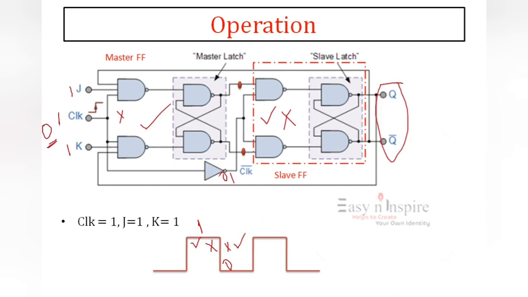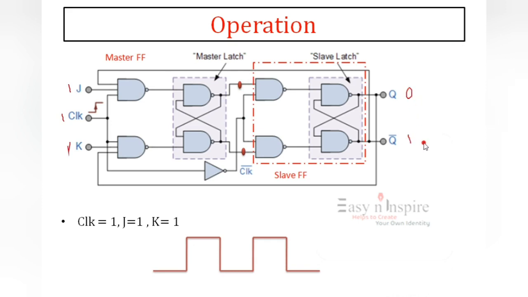I'll explain here, just listen. J equal to 1, K equal to 1, clock equal to 1. We don't know the previous values, so I'm just considering 0 and 1. This 0 is going here and 1 is going like this.